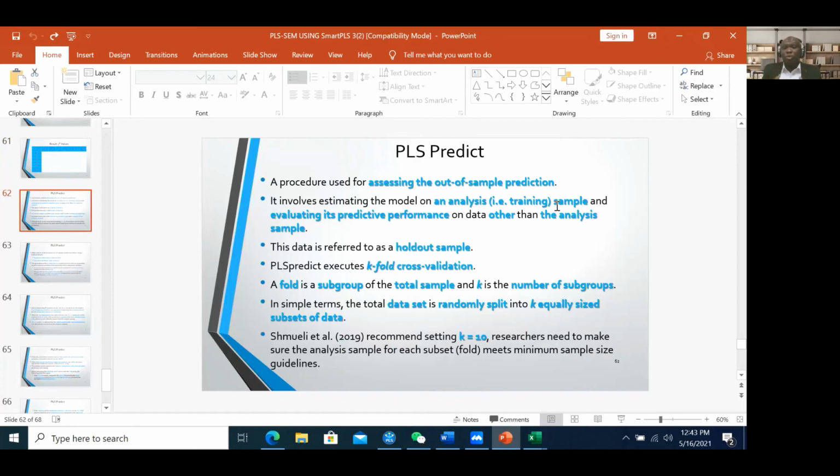It does what, for those of you who are advanced in statistics or computer science, we call a cross validation. So, say 10 folds, it's going to break the sample into 10 folds and use a portion to estimate the model. After it is done, it will use the other holdout sample to test the model.